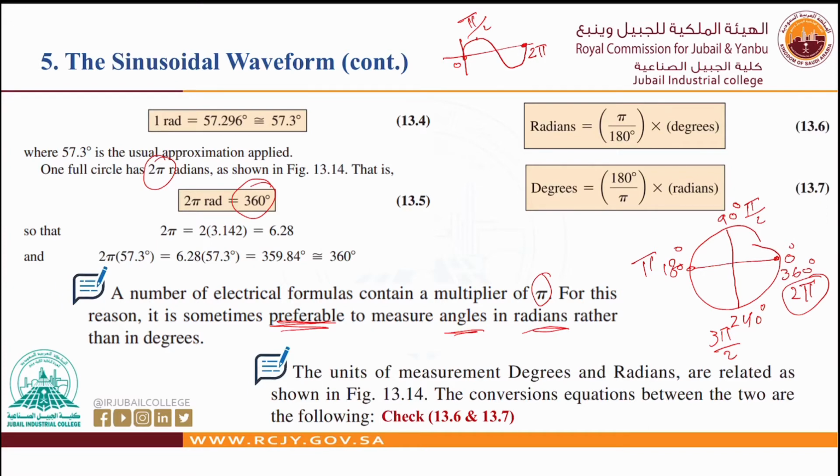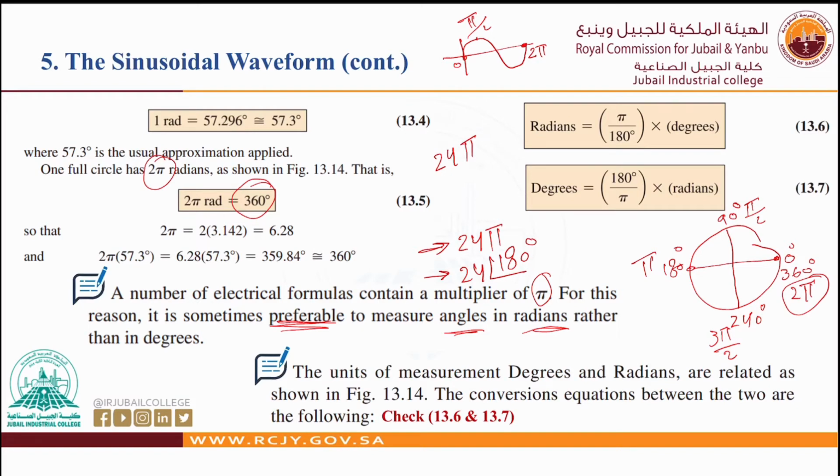Is it better to have a number like 24 pi or 24 with angle 180 degrees? 24 pi is easy to find in the calculator.